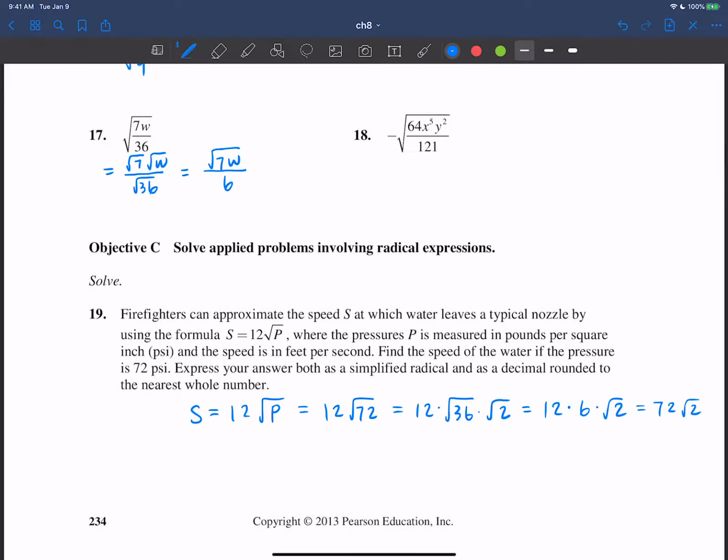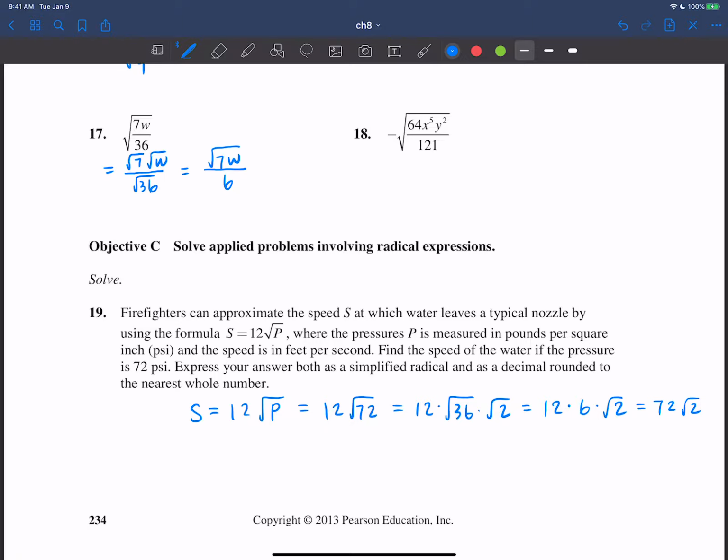And the question did say express your answer both as a simplified radical, which is 72 square root of 2, and as a decimal rounded to the nearest whole number. So if you use your calculator and round it to the nearest whole number, it will be 102 with the unit of feet per second.